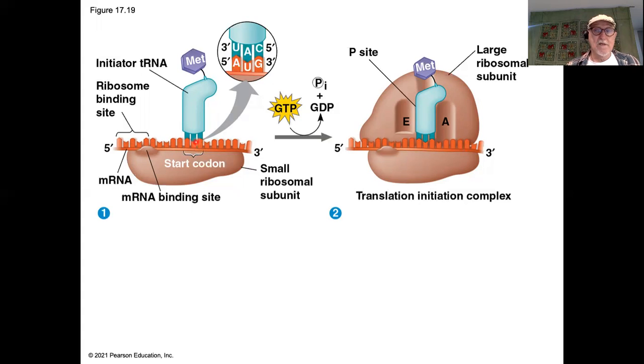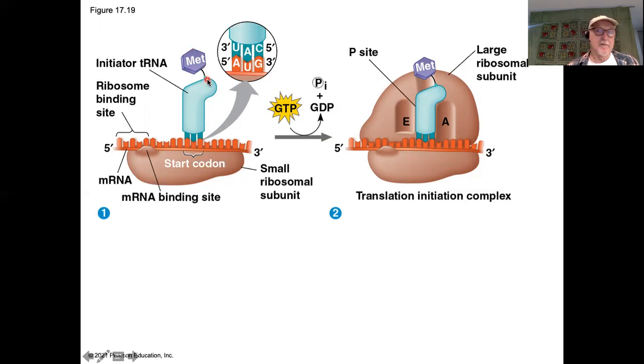It's also, of course, the codon for methionine, and the small ribosomal subunit will bring in a tRNA, and here it is. If this is AUG, then the anticodon must read UAC, 5' to 3' reading from AUG, and so the tRNA is UAC. And here it is with methionine attached to it.